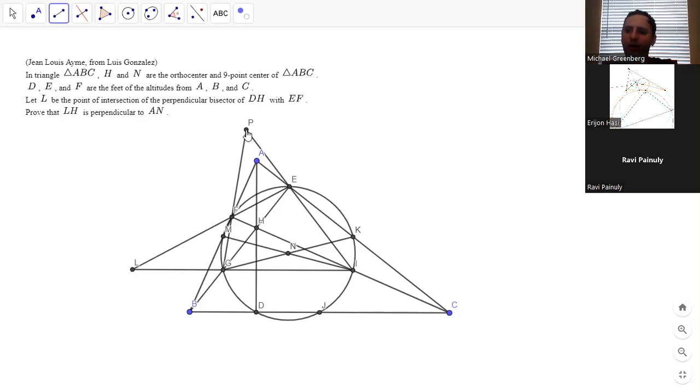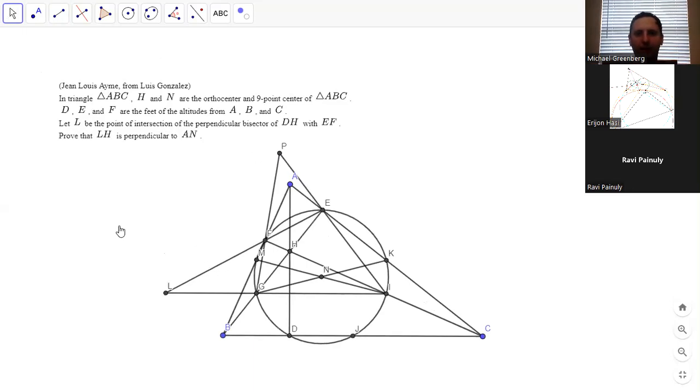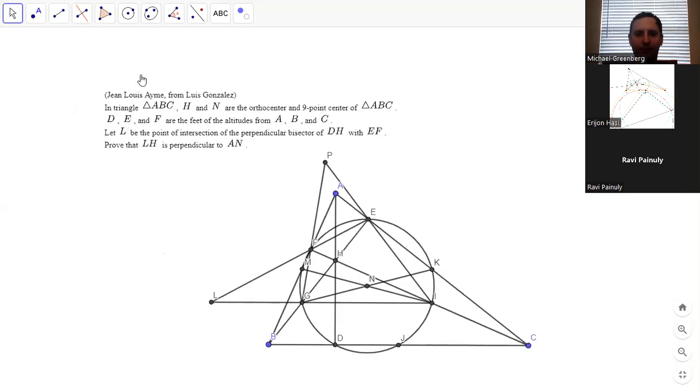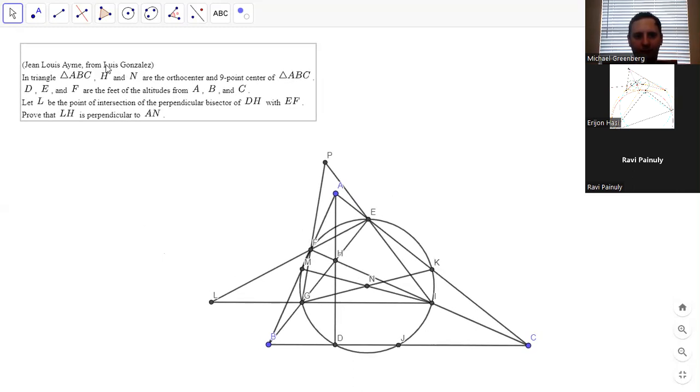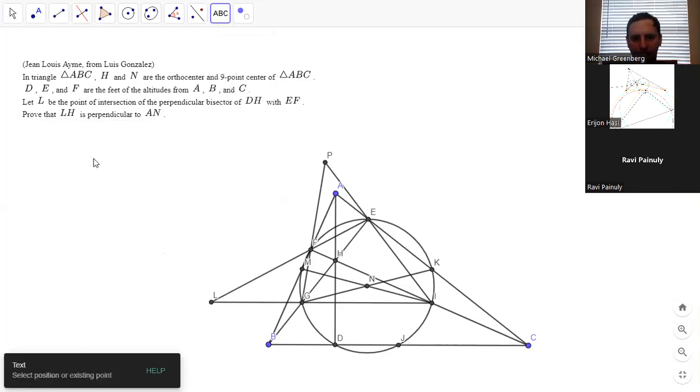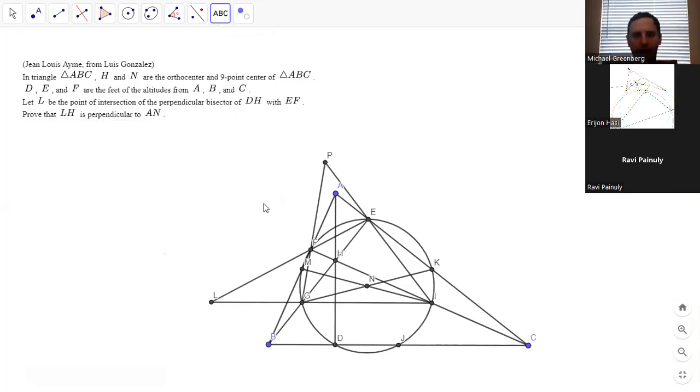Okay, all right. I'll just put that as a solution. Okay. So yeah, this problem is also a little bit easier once you see that you use Pascal's. So let GF intersect EI at P.